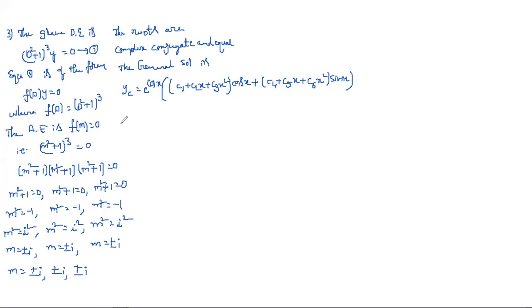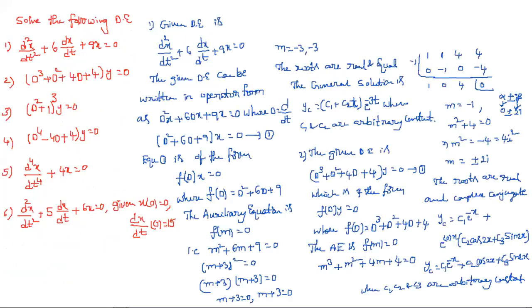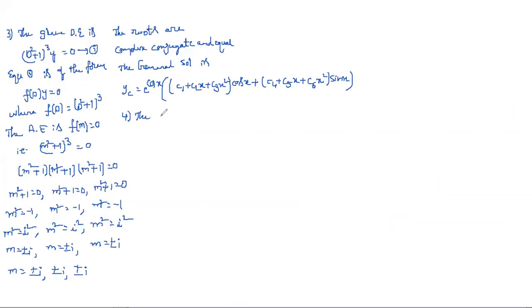Next one, the fourth one. What about the fourth one? Here it is D power 4 minus 4D plus 4. The given differential equation is D power 4 minus 4D plus 4 into y is equal to 0.